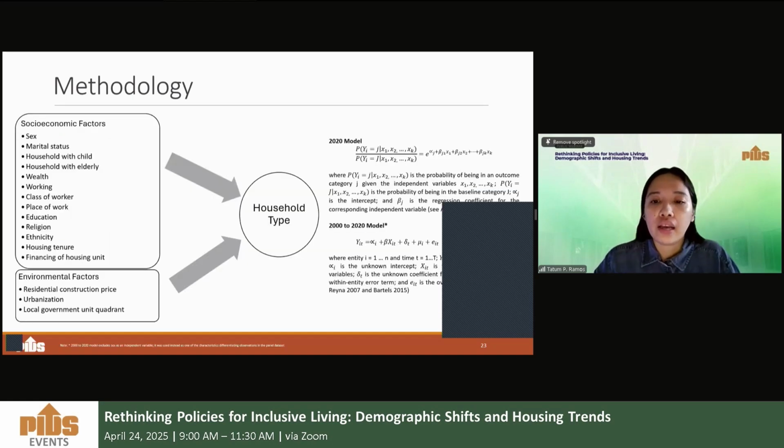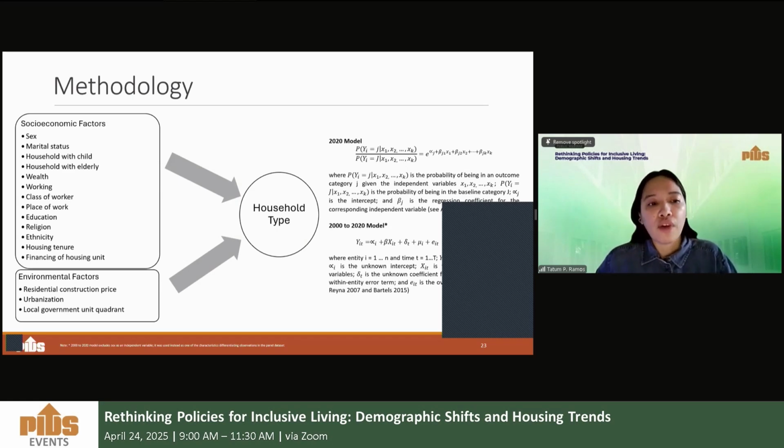Now, in this slide, we just want to show you the equations that were used in each of the models, and most especially the variables that were plugged in. So in the first model, which is the 2020 model, this is actually a multinomial logistic regression model, and it used variables that are related to socioeconomic and environmental factors.